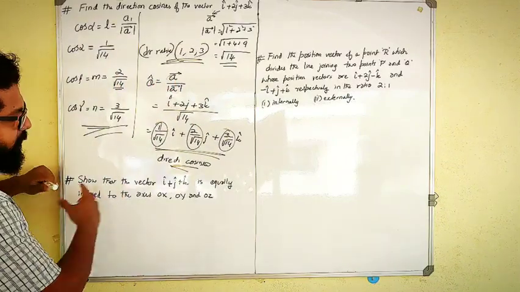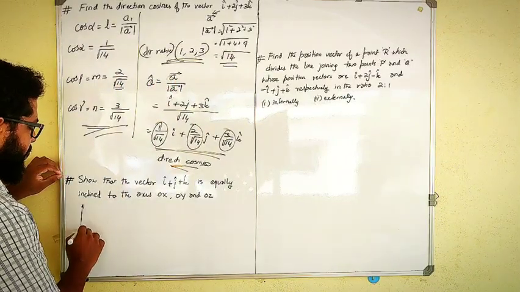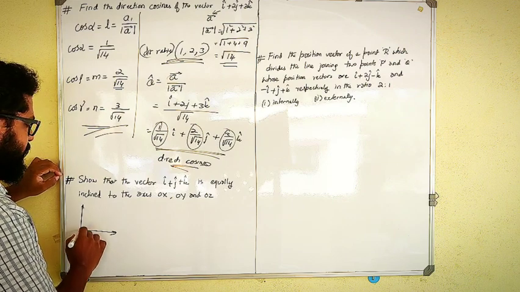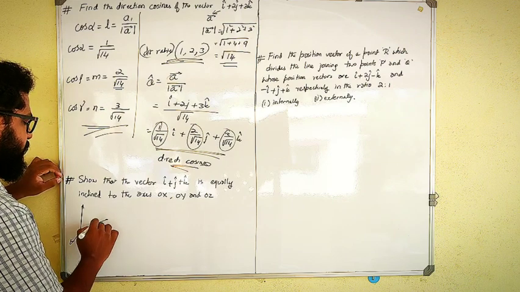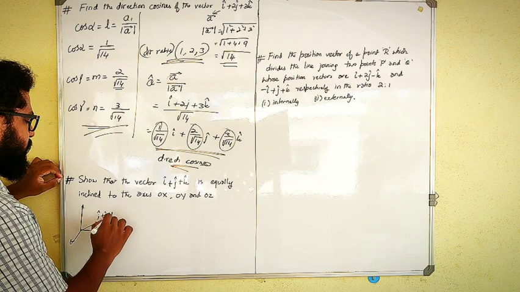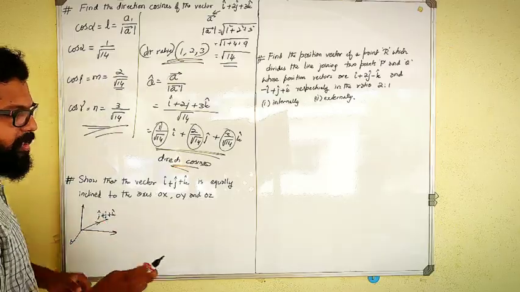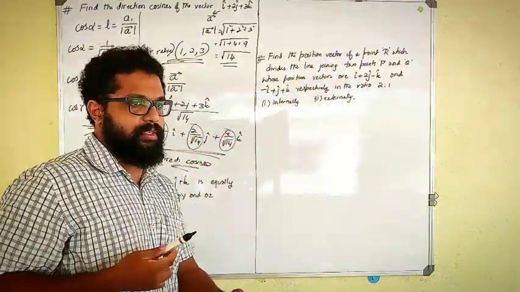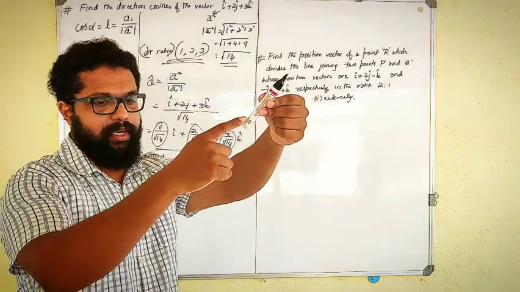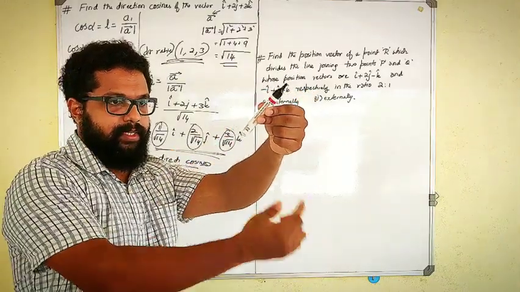So show that the vector, I'll represent this one geometrically. There is some random vector, that is this one vector. We'll name it as i cap plus j cap plus k cap. This is the vector which is in my 3-dimensional system. I should prove that this vector is equally inclined to x-axis, y-axis and z-axis.